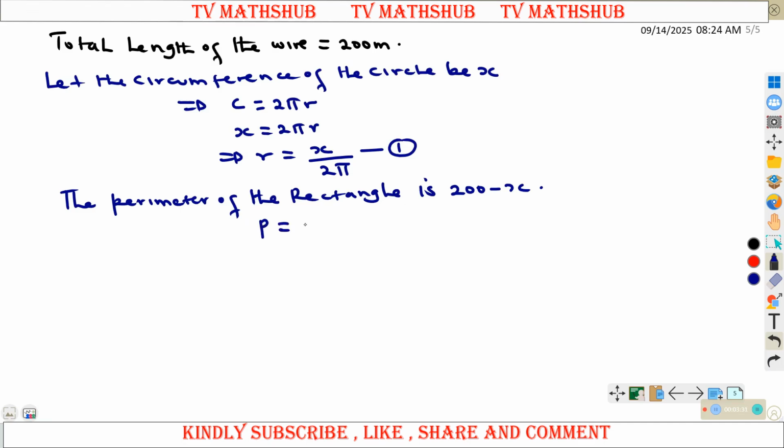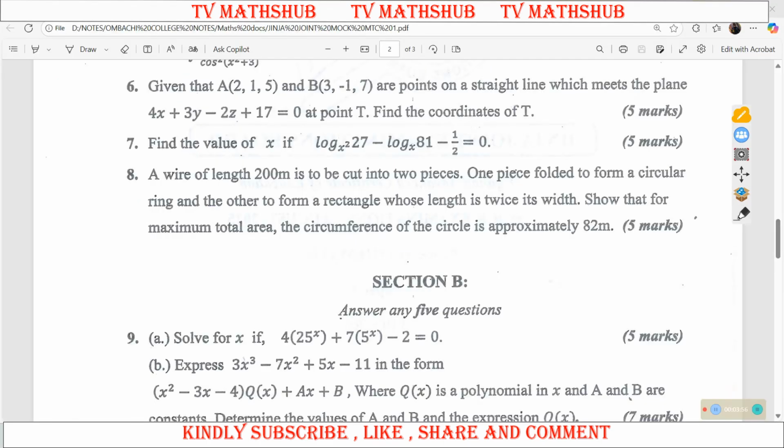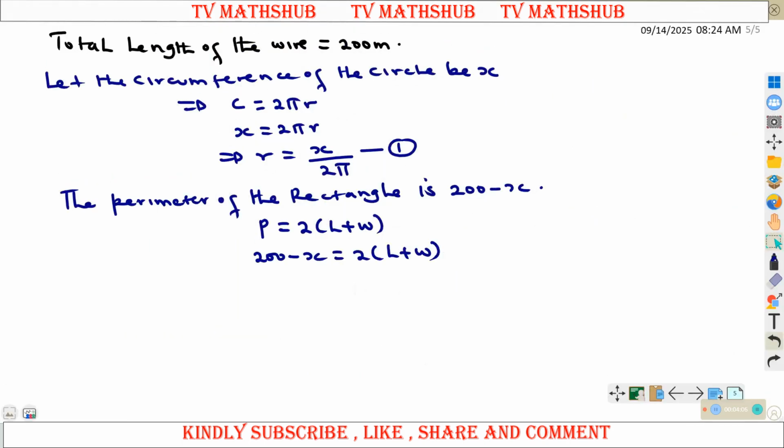We understand that the perimeter of a rectangle is 2 into length plus width, and we are also told that there is a relationship between the length and the width. So 200 minus x is 2 into length plus width. When we go back to the question, the length of this rectangle is twice its width, so the length L is 2 times the width.